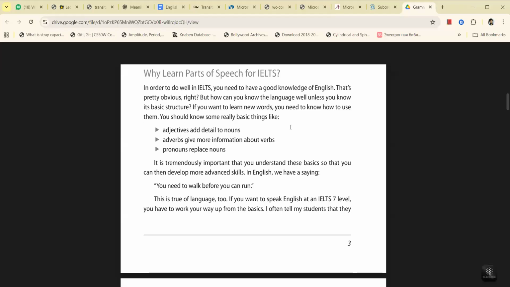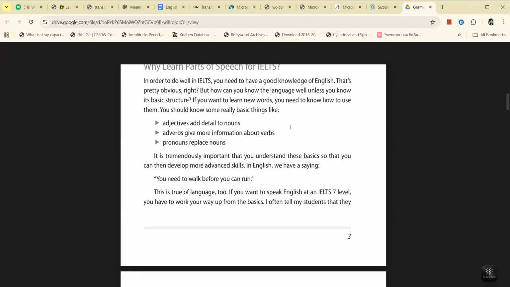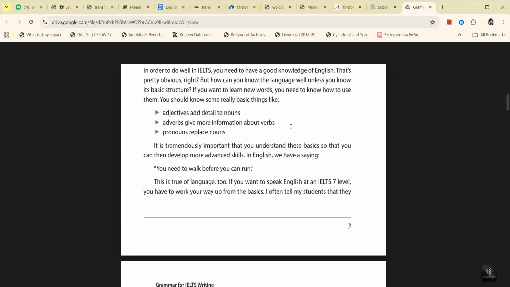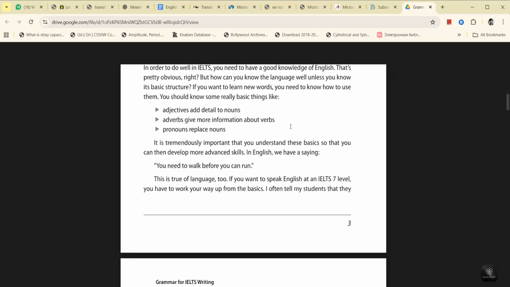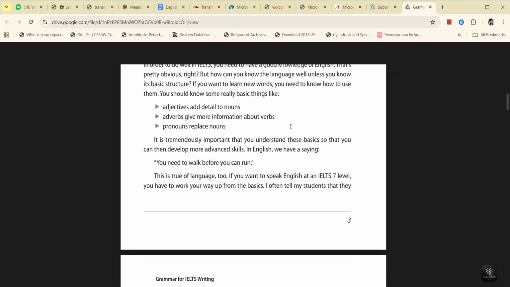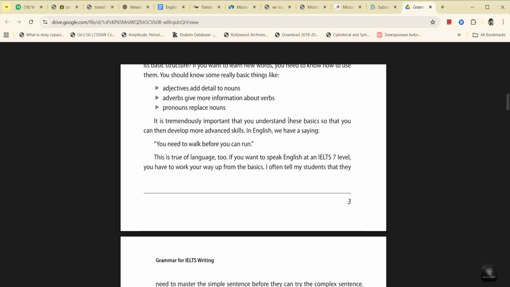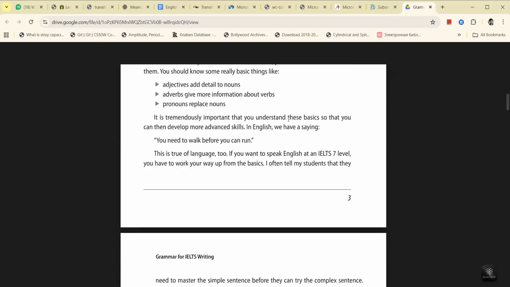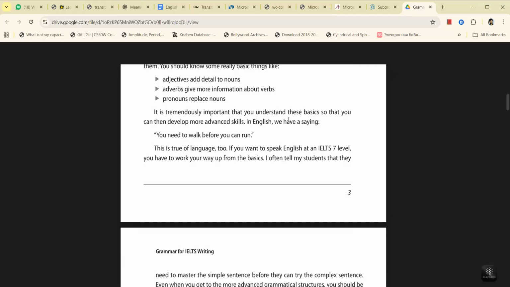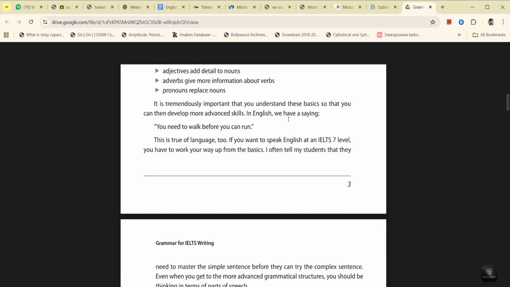You should know some really basic things: adjectives add details to nouns, adverbs give more information about verbs, pronouns replace nouns. It is tremendously important that you understand these basics so that you can then develop more advanced skills.